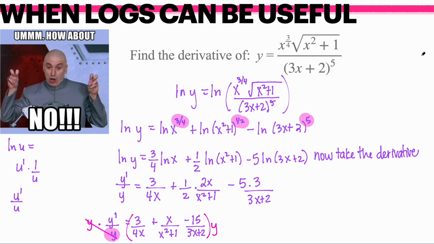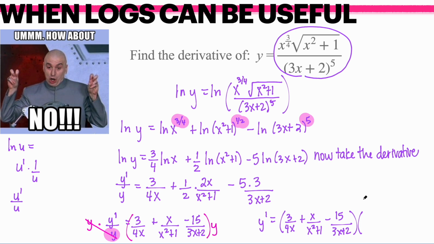To cancel. So when you do that, you're left with y prime on the left. On the right, you're left with 3 over 4x plus x over x squared plus 1 minus 15 over 3x plus 2, multiplied by y. Well, what is y?